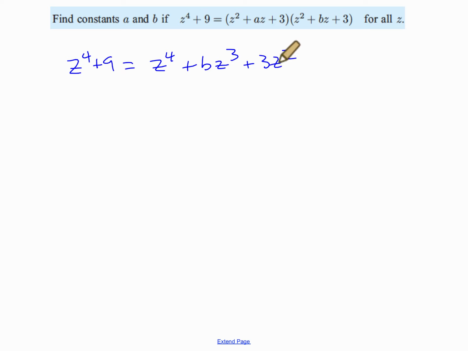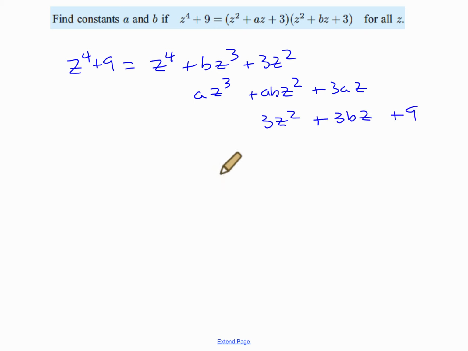Multiply through by the az, I get az cubed, and I'm lining up my like variables and exponents, plus abz squared plus 3az. And finally, multiplying through by 3, I get 3z squared plus 3bz plus 9.